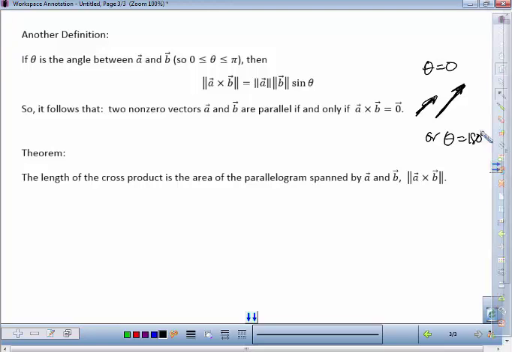What's sine of 180 degrees? 0. So it turns out that sine of 0 and sine of pi are both equal to 0, which means the cross product of two vectors that are parallel to each other will be equal to 0. Now, when I say 0, the cross product, remember, is a vector. So when you say 0, you actually mean the 0 vector, the 0 with an arrow on top.